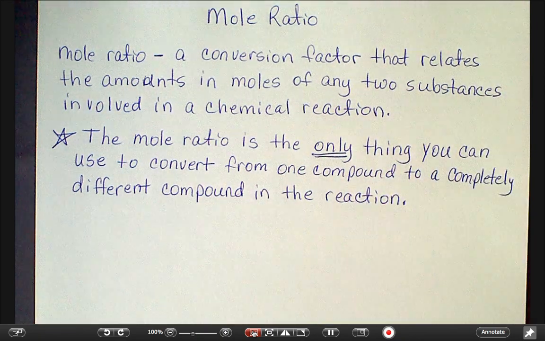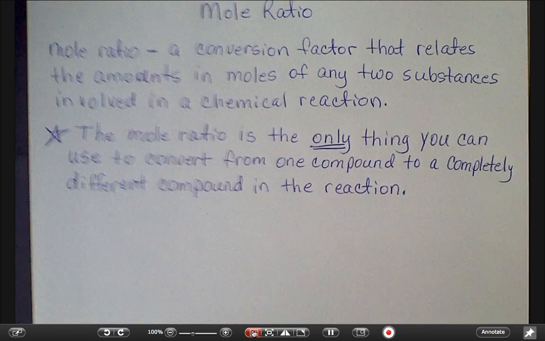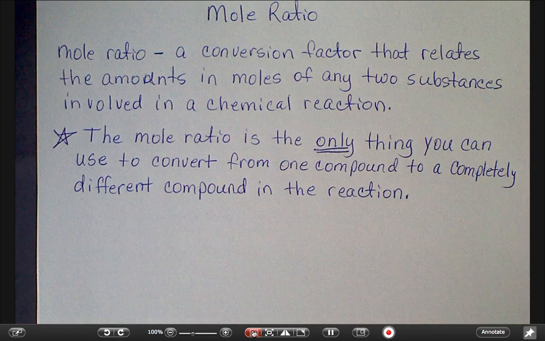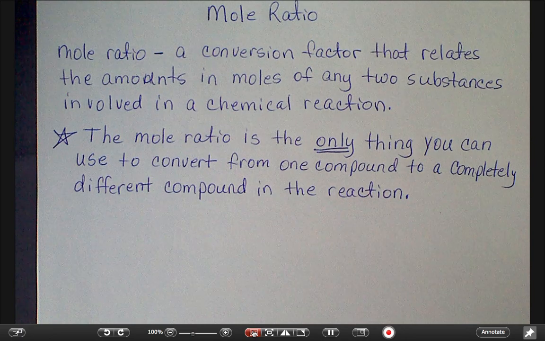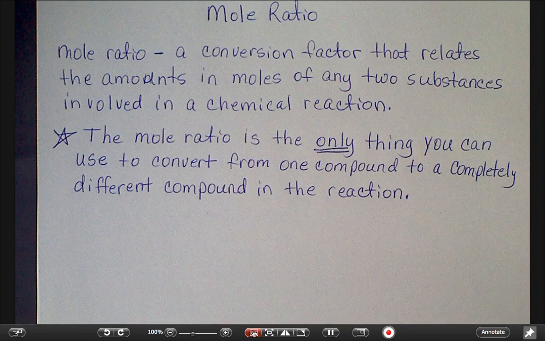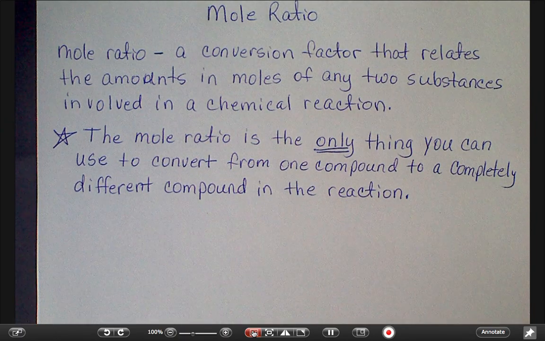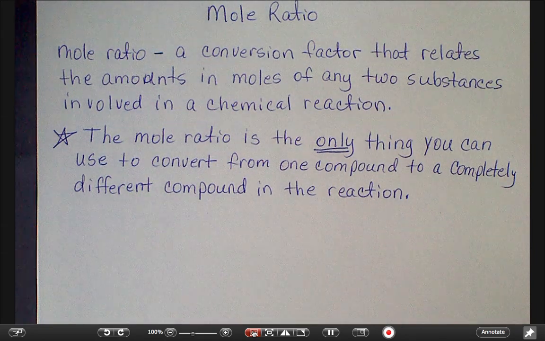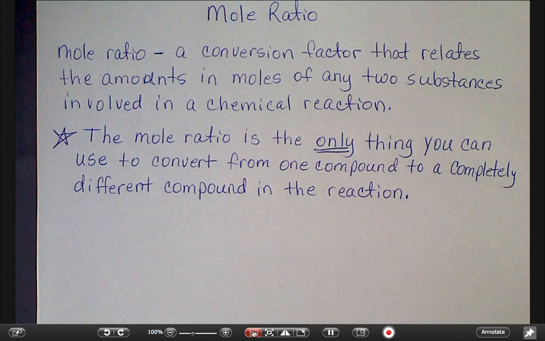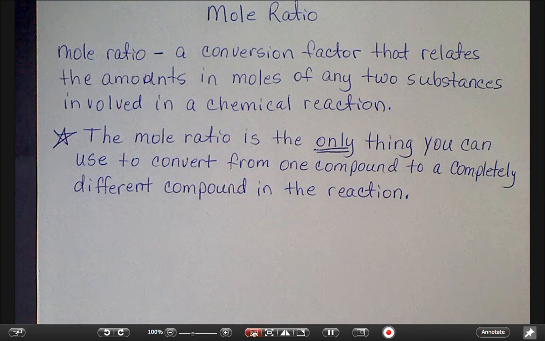Okay, everybody finish and then get your heads up because I need to speak about this. When we've done different things with the mole and grams and molar mass, whatever compound we started out with, we finished with.